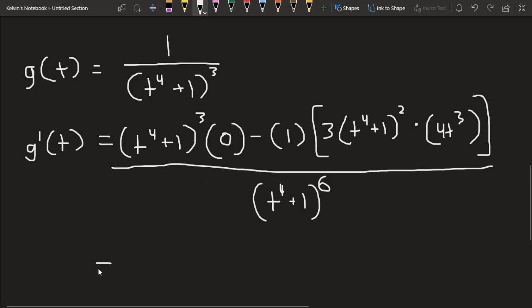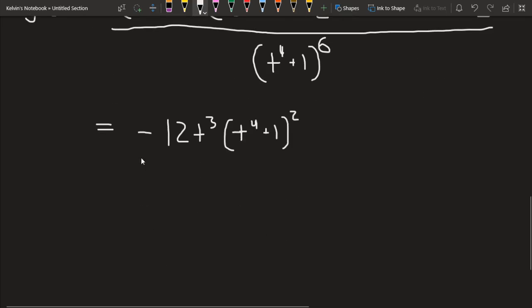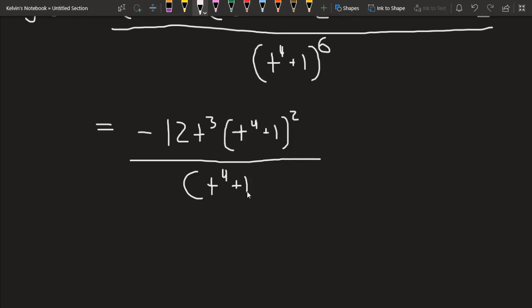And then if we simplify all this, we get negative 3, or no, we get negative 12 t cubed (t fourth plus 1) squared over (t fourth plus 1) to the 6.